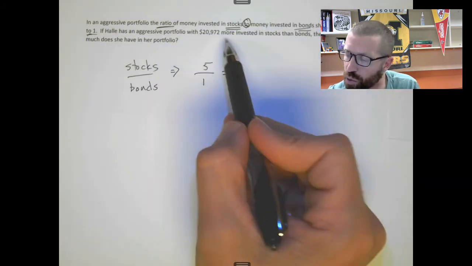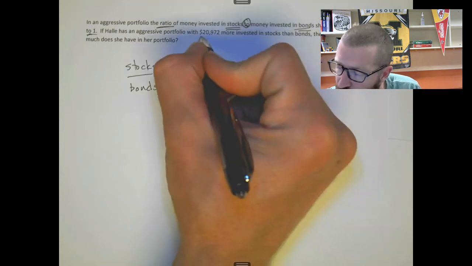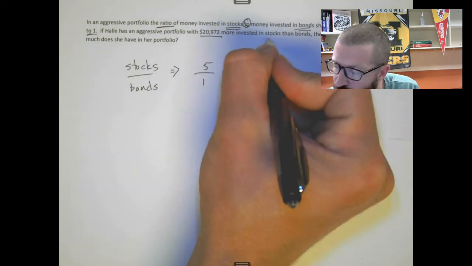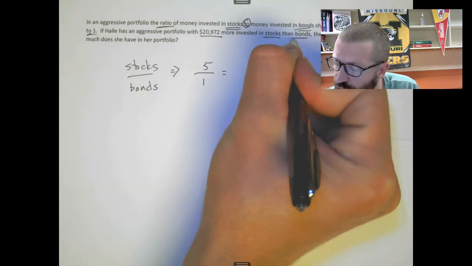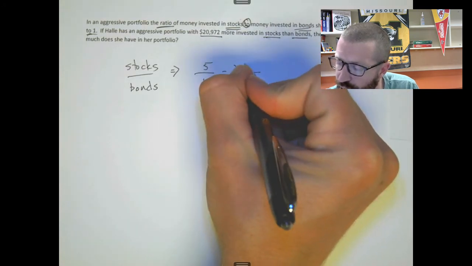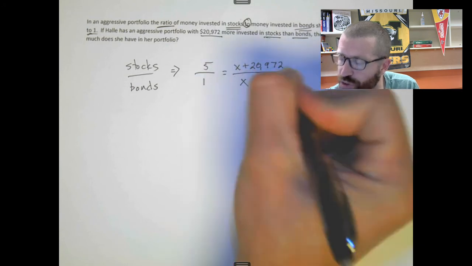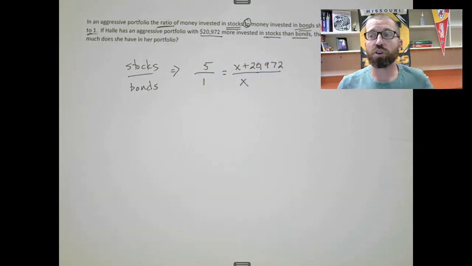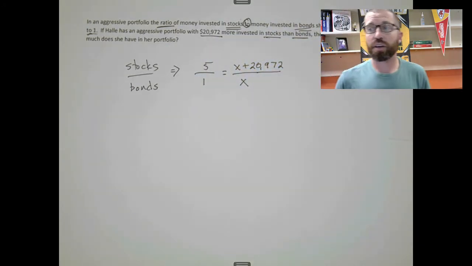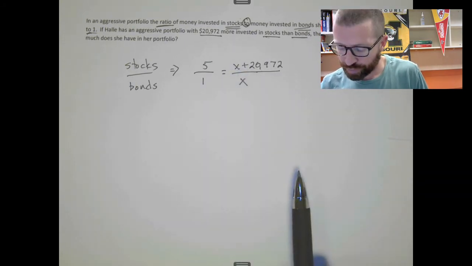And then we have to figure out what Haley's doing here with her aggressive portfolio. She has $2,972 more invested in stocks than bonds. So let's make X the amount in bonds, and then X plus 2,972. And that's where you should pause the video and make sure you make sense of that. Maybe rewatch that, but make sure you can come up with this X and then X plus 2,972.